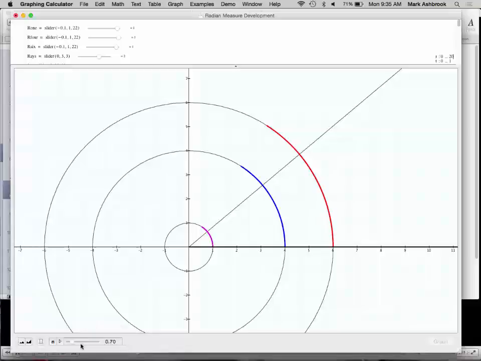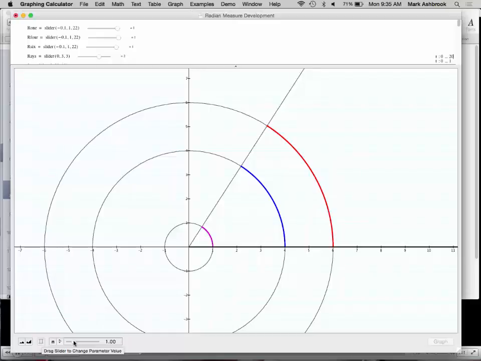So we're going to use one ray here as the positive x-axis, and then I'm going to sweep open an angle counterclockwise. What you guys noticed was that all of those rays were the same percentage of the circle.